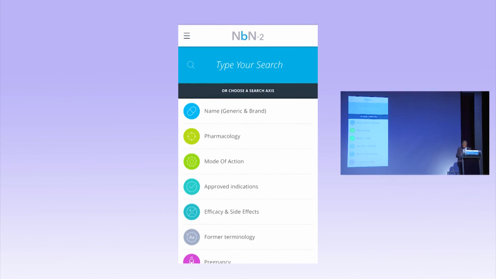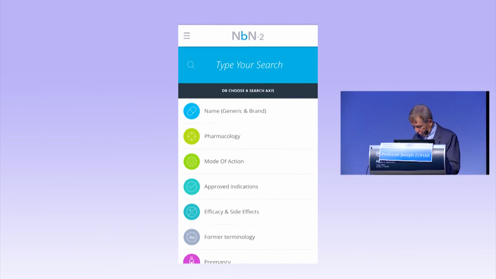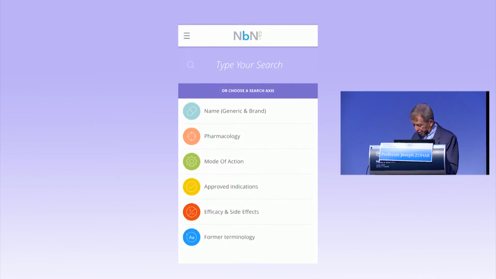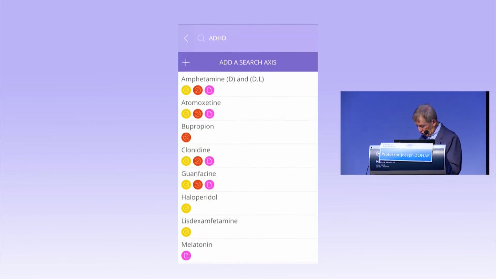In this regard, we are going to move, let's say, to the child. So we are moving now to children. Let's say that we are seeing a child now, and the child comes and the main complaint is ADHD. So we type ADHD, and we basically get the medication related to ADHD.